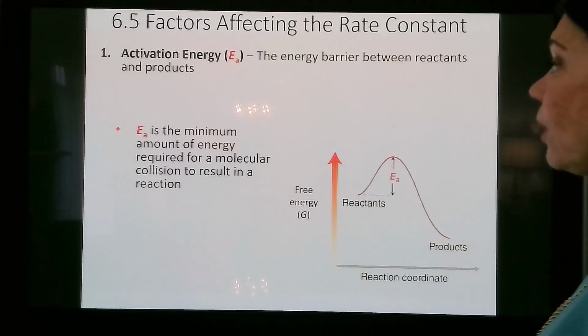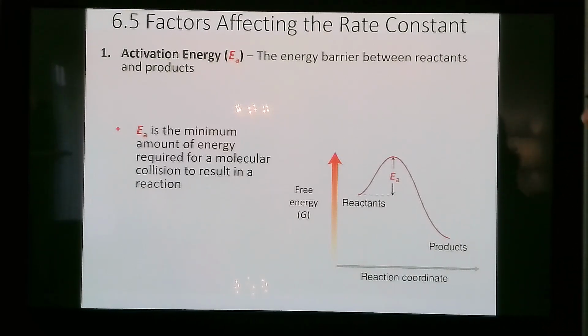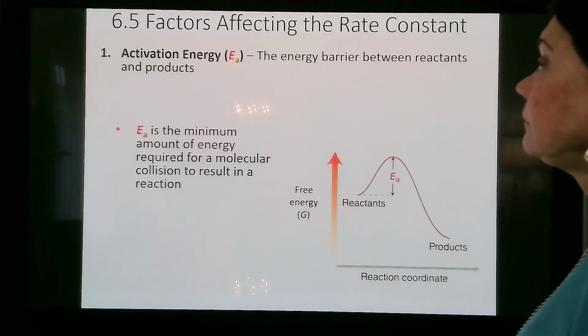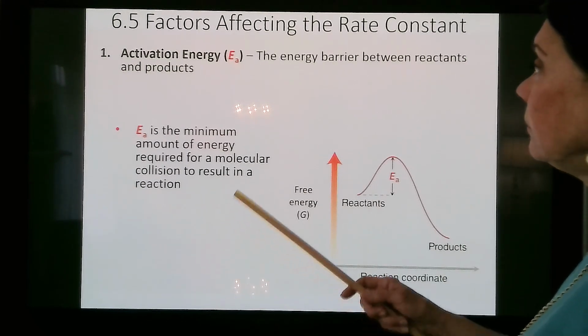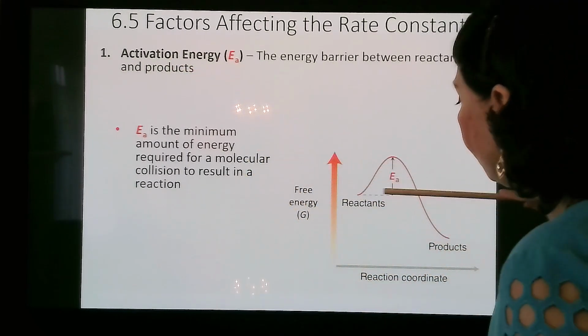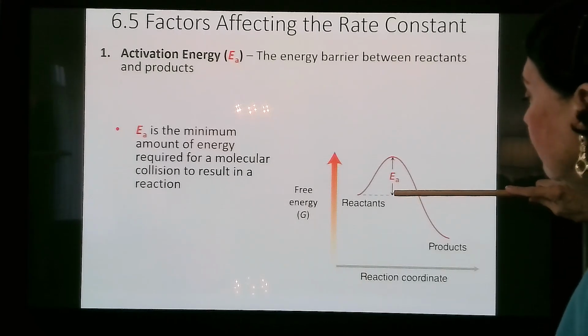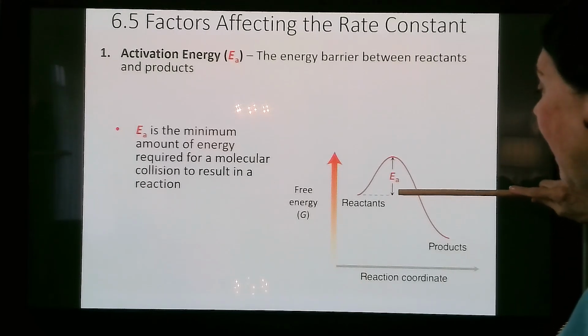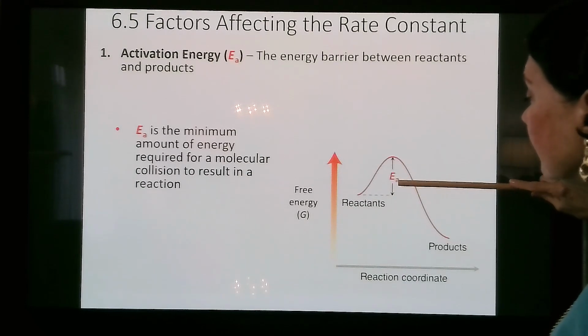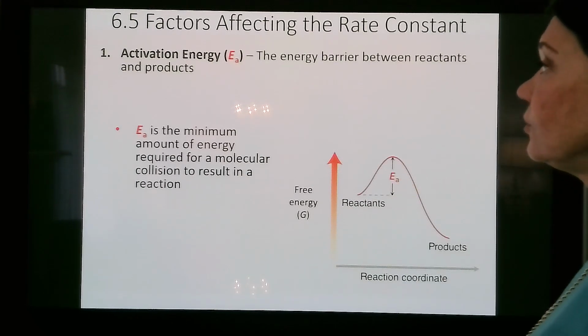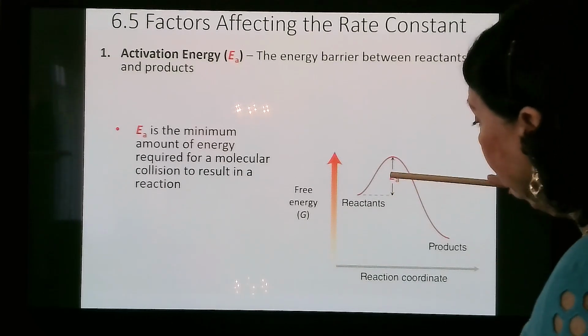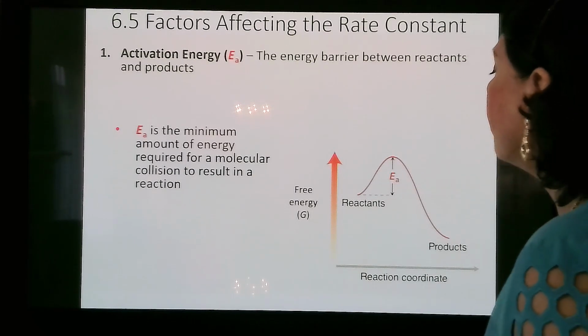Factors affecting the rate constant continued. The activation energy, remember this is one of the things that was on that list. You can go back and look at that list. E sub A is the activation energy. Energy of activation, okay?